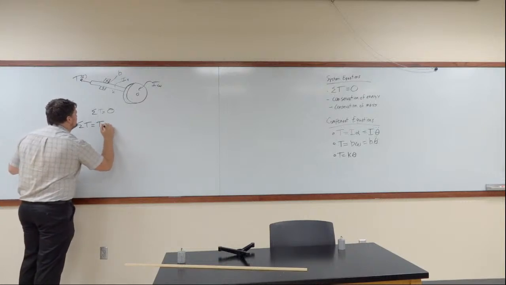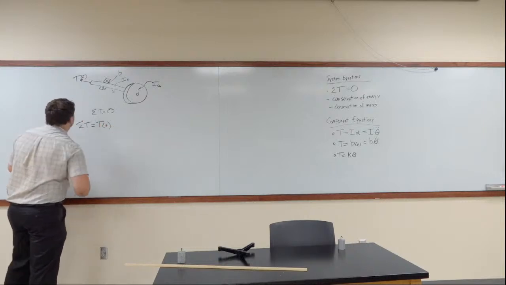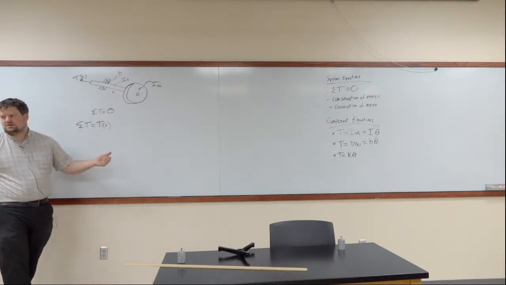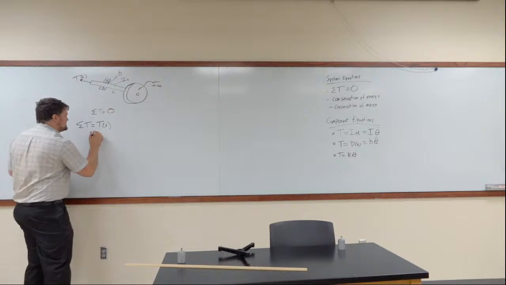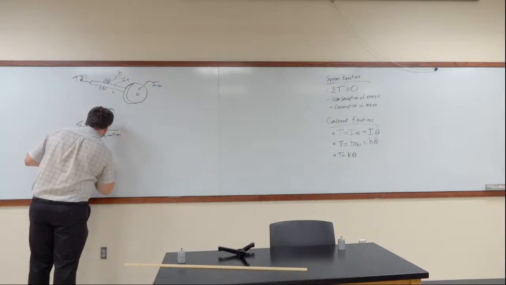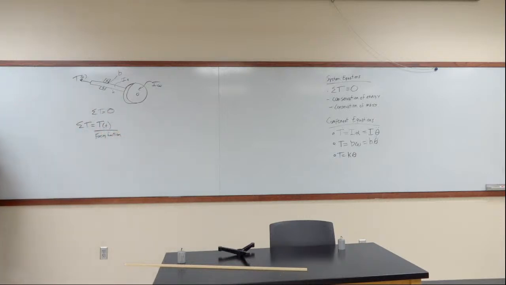Here, we have the torque as a function of time. What does this represent? This is the forcing function. This is what's making everything move. What other torques are applied to the shaft or exist on this shaft?